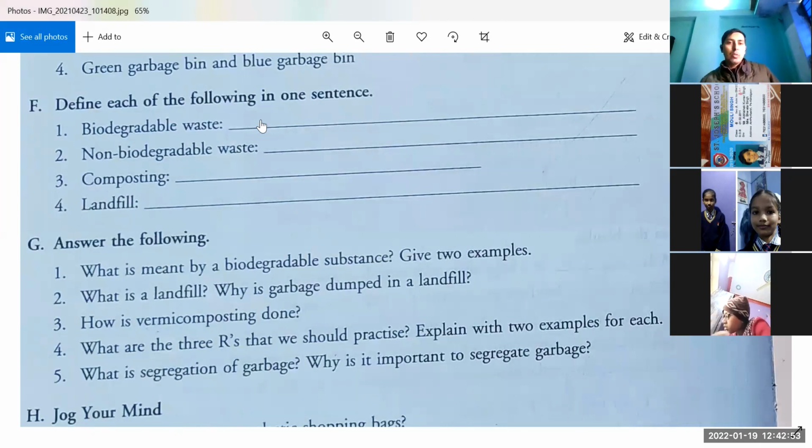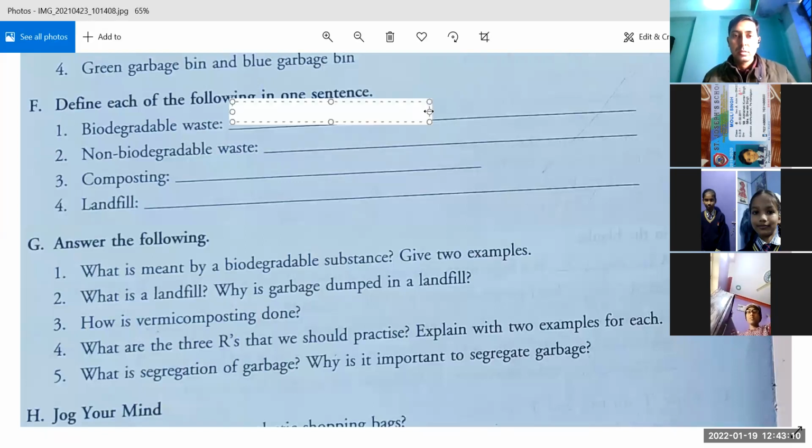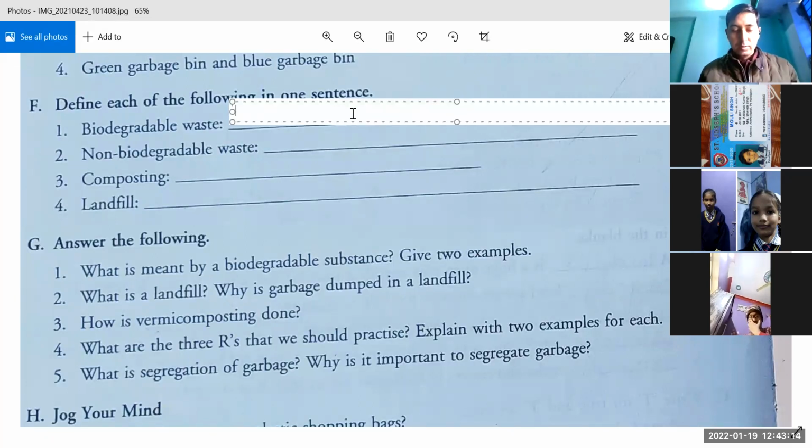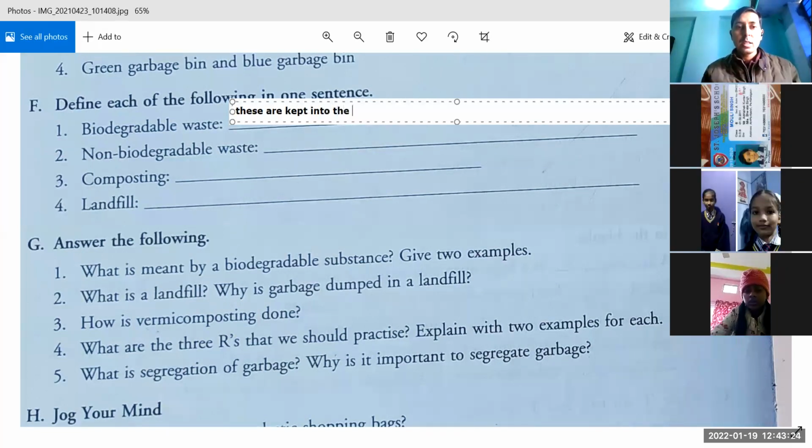Define each of the following. Biodegradable waste: these are kept into the green dustbins.